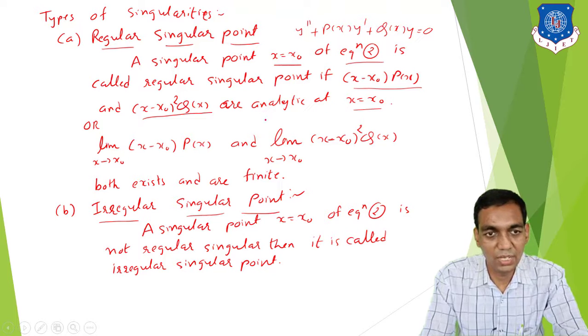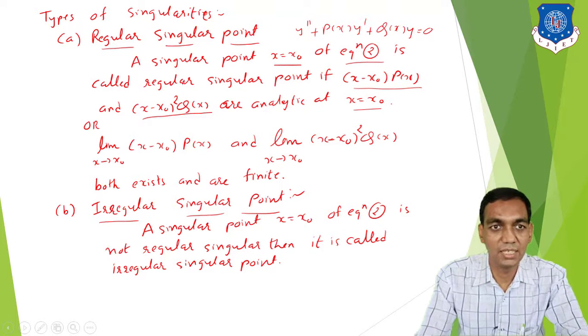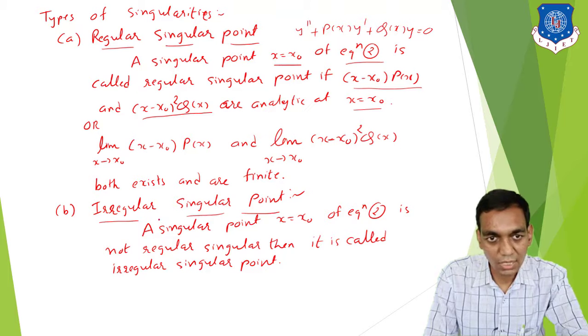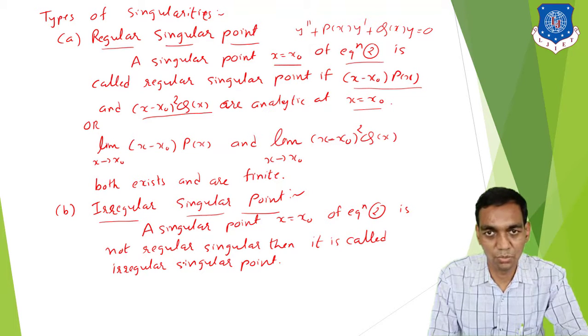Or in other words, using a simple format: the limit as x tends to x0 of (x minus x0) into p(x), and the limit as x tends to x0 of (x minus x0) whole square into q(x), both exist and both have a finite value. Then this point is called a regular singular point. If either of them is infinite, then it is said to be an irregular singular point.